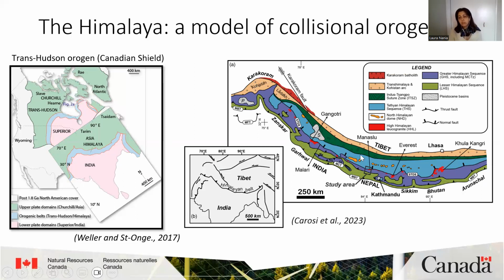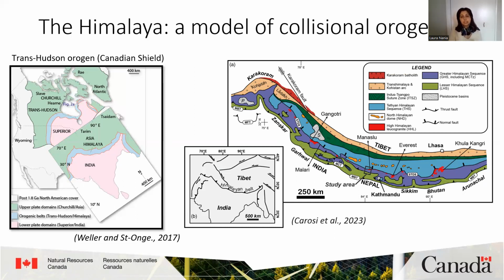In general in the Himalaya there are several north-south trending valleys that cross-cut the main tectonic units and structures. These are very deep valleys, offering natural cross-sections of the belt, so we have spectacular exposure.